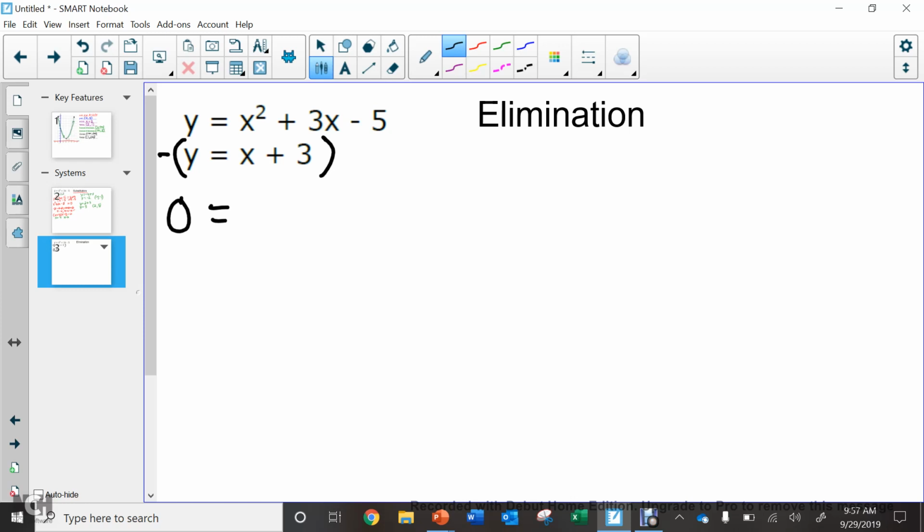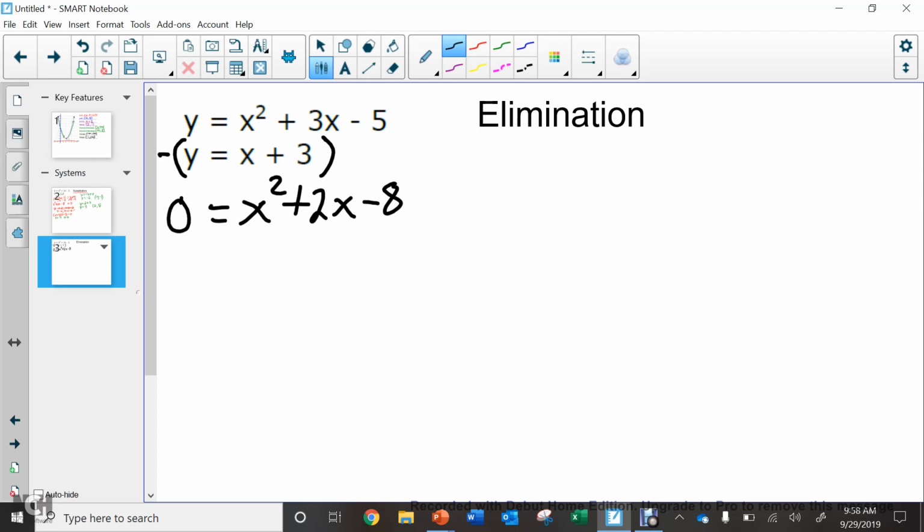This is why we need it to equal y, so that we get this 0 here. I have x squared, but I have no x squared term in my second problem, so he can just come through. I have 3x minus an x, so I have 3 minus 1x, which gets me plus 2x. I have a negative 5 minus positive 3, so it's like negative 5 minus 3. Well, they're both negative, so it's like adding, so minus 8.